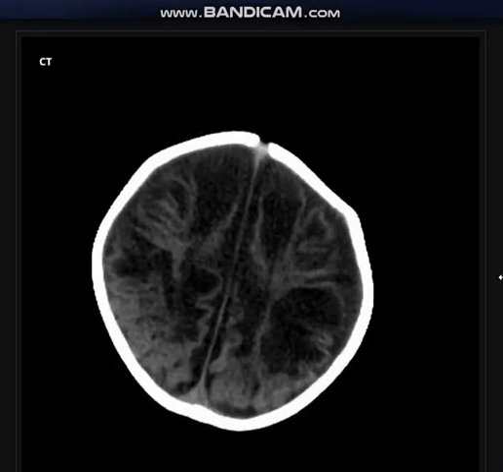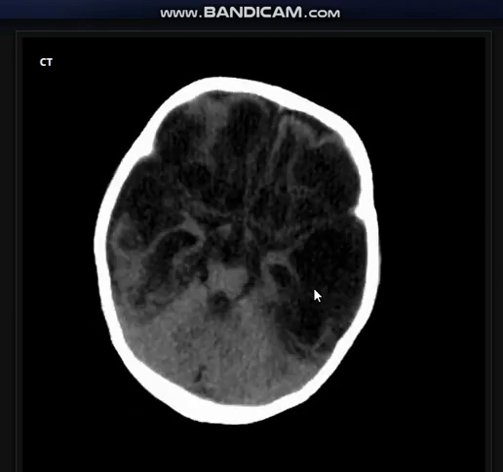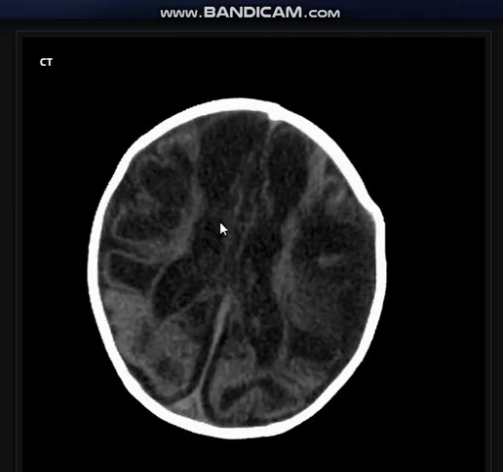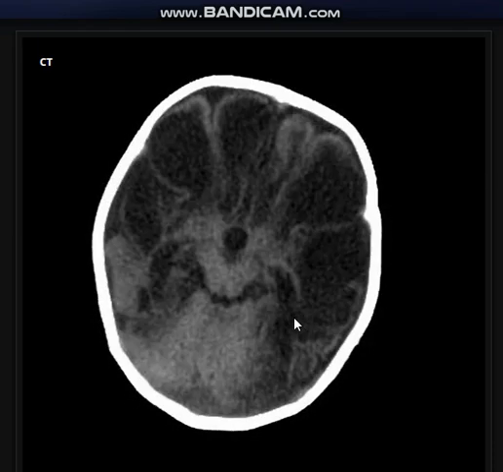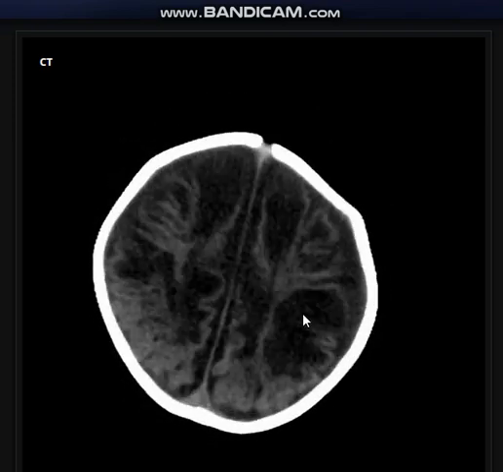We have small cerebral hemispheres with multiple cystic areas involving the parenchyma of almost all the cerebral hemispheres. That's what we call cystic encephalomalacia, and it's likely secondary to a severe extensive hypoxic ischemic insult that also led to microcephaly.